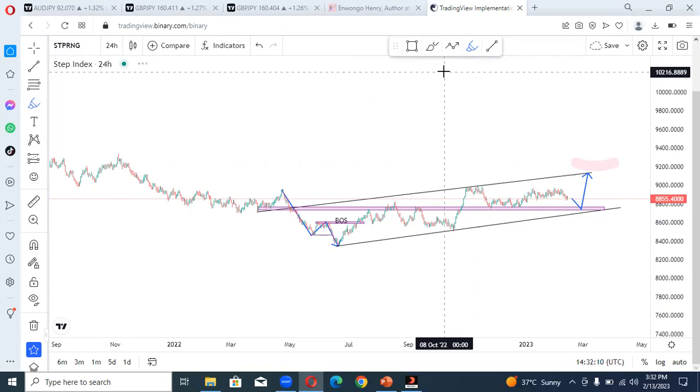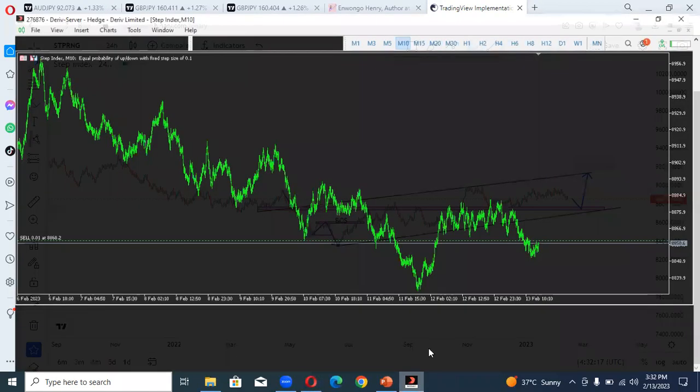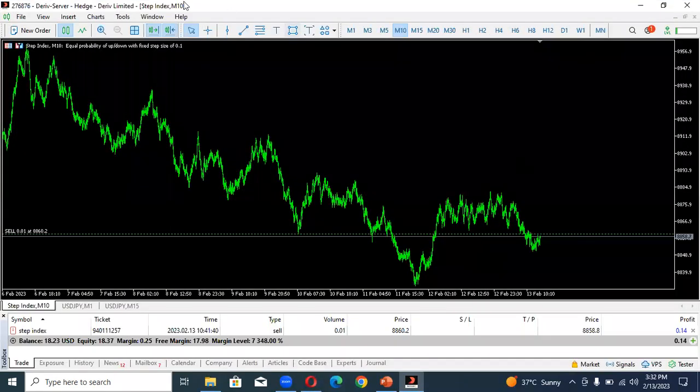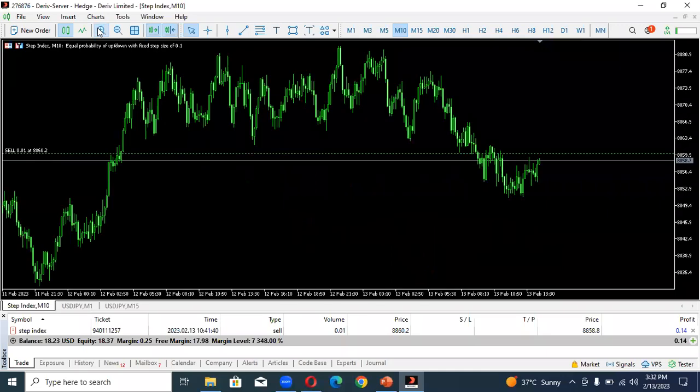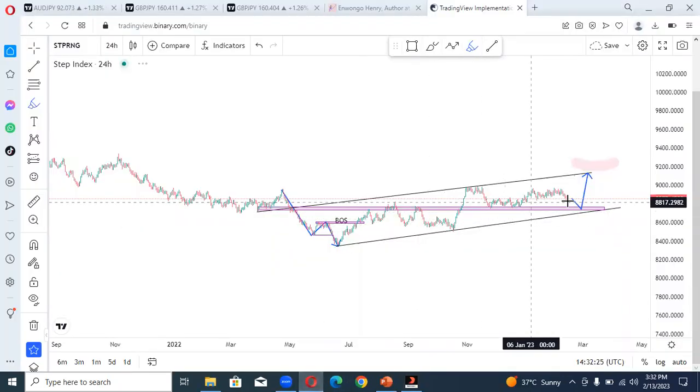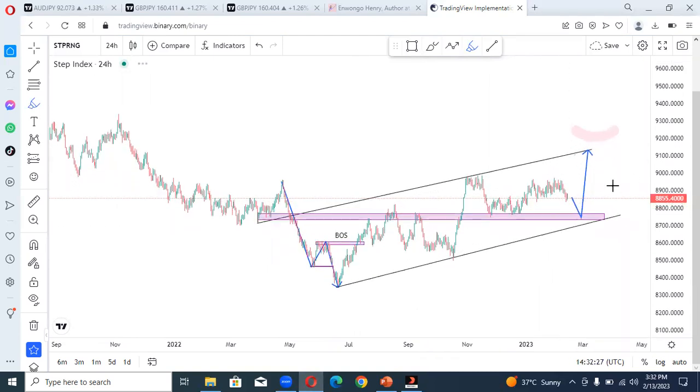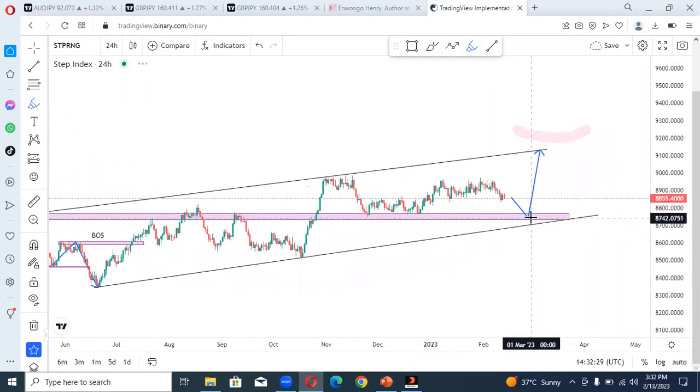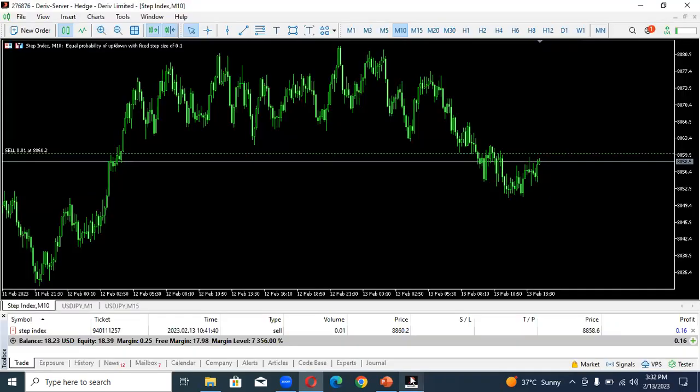And then to buttress the fact of today's class, I'd like us to check out something very humbling. Now, I took this trade not quite long ago because I was looking at what I taught you today, the same analysis here. So I decided to sell the market to this very zone you are seeing here. That's why I took the market on a sell. Now, the amazing part is that look at the lot size that I used, 0.01.